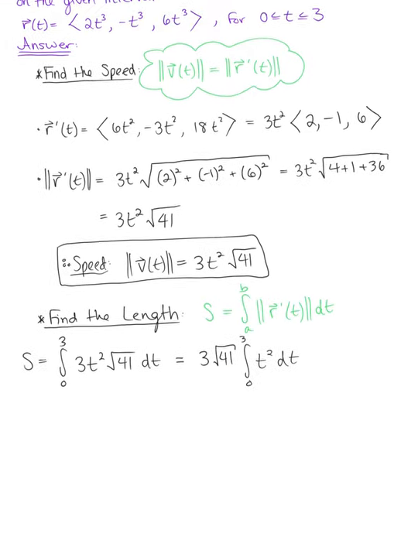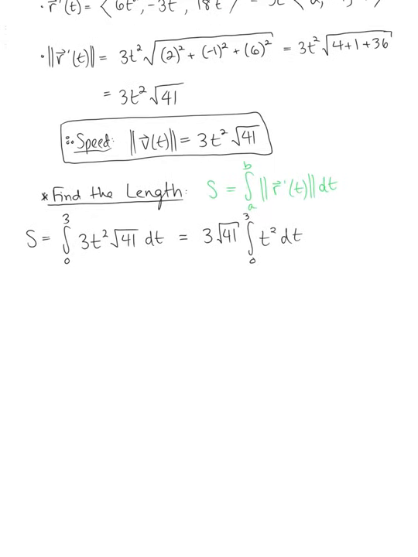So let's give ourselves a little more room. We're ready to integrate, and this gives us 3 times the square root of 41 multiplied by t cubed divided by 3, and we're ready to evaluate from 0 to 3. We can simplify here. 3 divided by 3 leaves us with 1. So you have the square root of 41 multiplied by t cubed from 0 to 3.